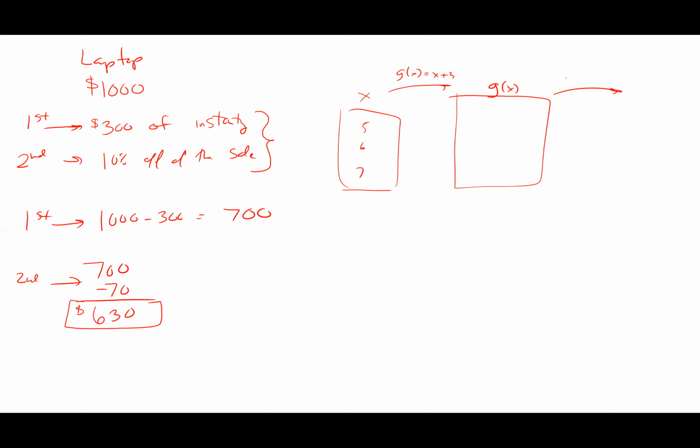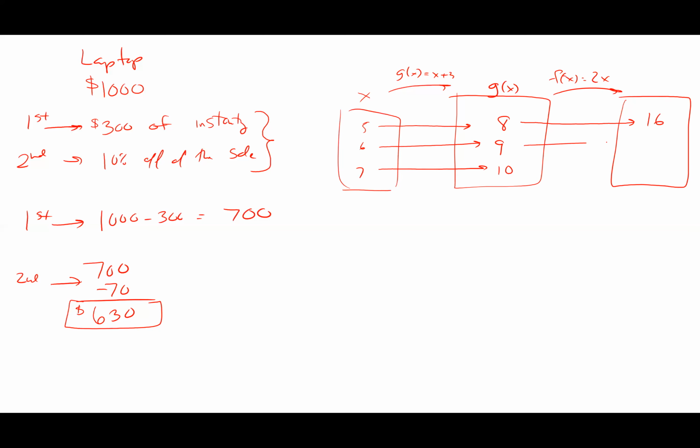And there's an f function right over here. The f function always doubles whatever you have. So 5 adding 3 makes an 8, 6 adding 3 makes a 9, and 7 adding 3 makes a 10. That's our g function acting. Then the f function doubles everything: the 8 turns into a 16, the 9 turns into an 18, and the 10 turns into a 20. So notice there are two functions being applied.